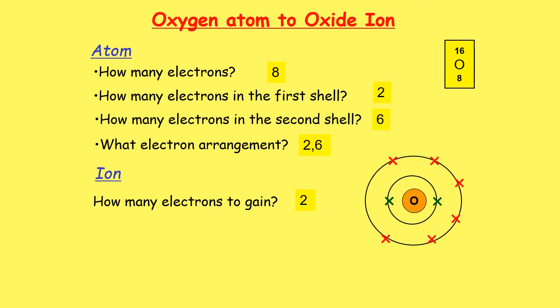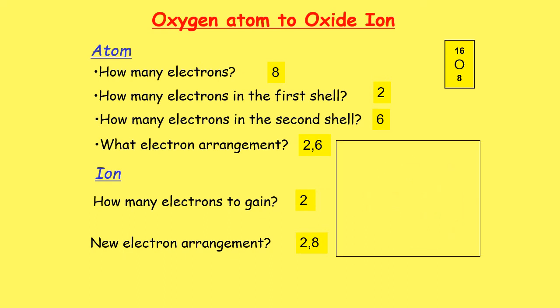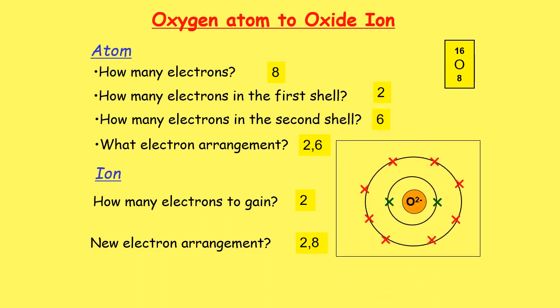Atoms are lazy. Oxygen does the easiest thing. The easiest thing is to gain 2 electrons rather than lose 6. So it gains 2 electrons. Those electrons go into the outer shell, and that means that its new electron arrangement is 2, 8. And those 2 electrons are added in. We now see it's got a full outer shell.